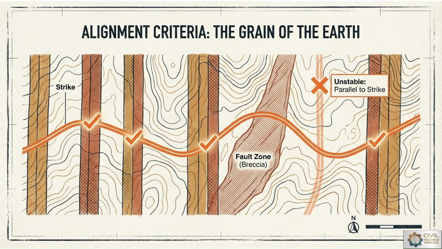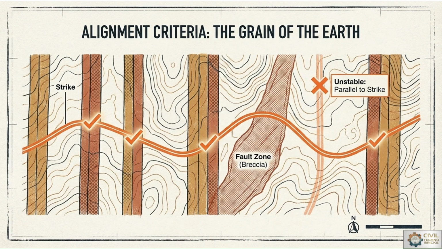We have to decide the alignment criteria for any roadway. We have to study the earth crust, or the subsurface earth. Highway alignment selection is the most important point in the civil engineering domain. Highway alignment should avoid weak geological formations, marshy lands, and landslide-prone areas also.